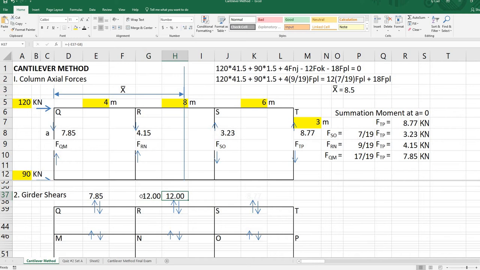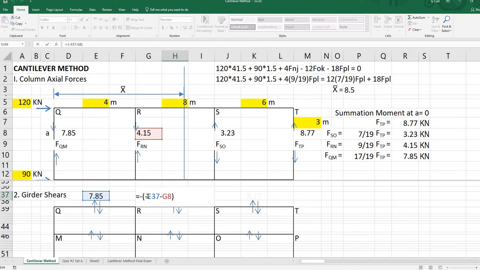And if you will check this is basically the same as what I just did, no? Ito, sinolve ko siya using 7.85 plus negative 4.15. Hindi ito link. Pinasok ko talaga yung values niya. Pero, ito, this is link.